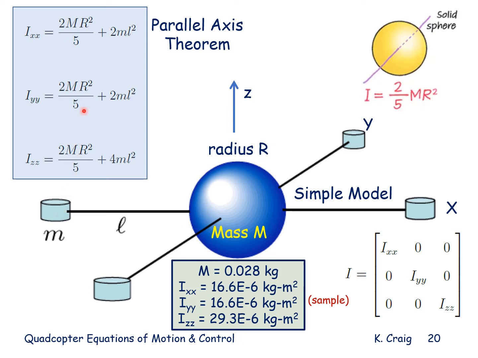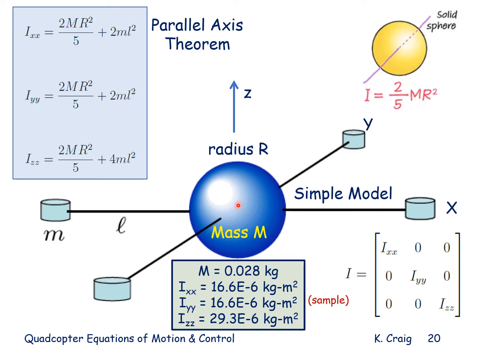And so the expression is identical. The mass moment of inertia about the y-axis equals the mass moment of inertia of the sphere about the y-axis, which is 2/5 M R squared, plus the contributions of the two point masses on the x-axis, which is m L squared multiplied by 2, since there are 2 point masses.